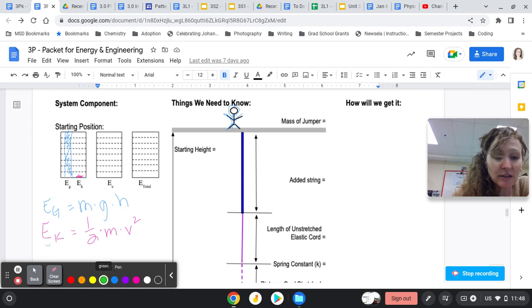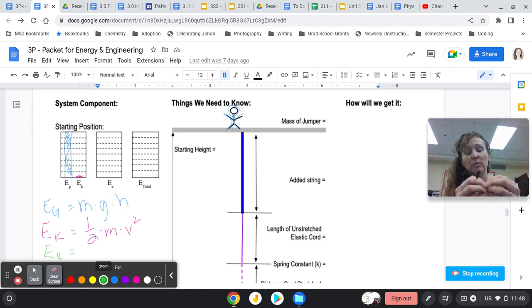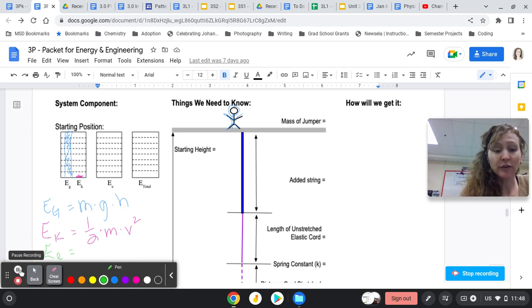Elastic energy is stored in the stretch. The more stretch the cord has, the more elastic energy that cord will have. So for now, that's all we know. It's going to be related to the stretch of the cord.